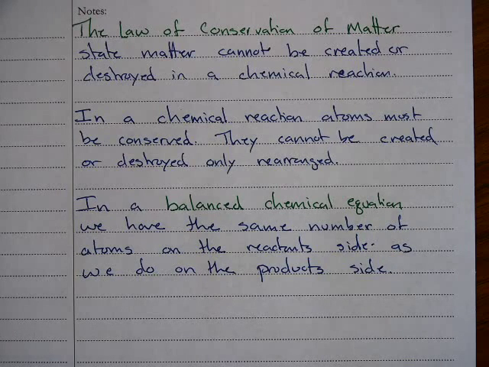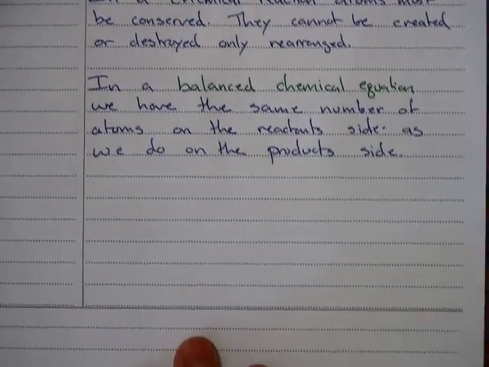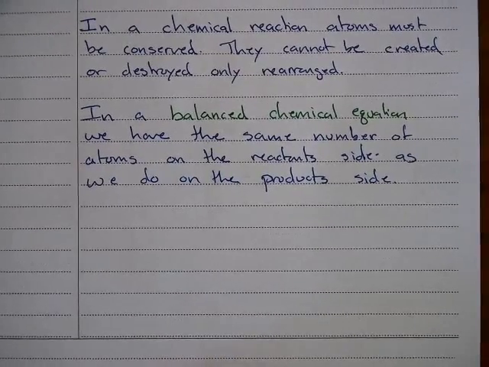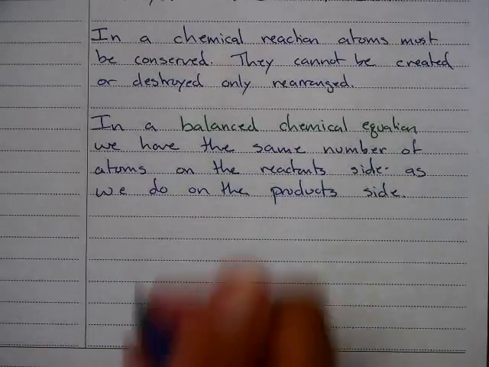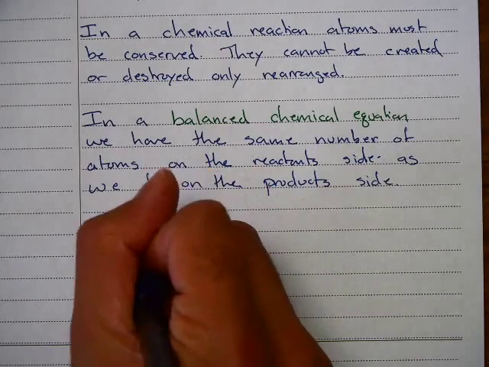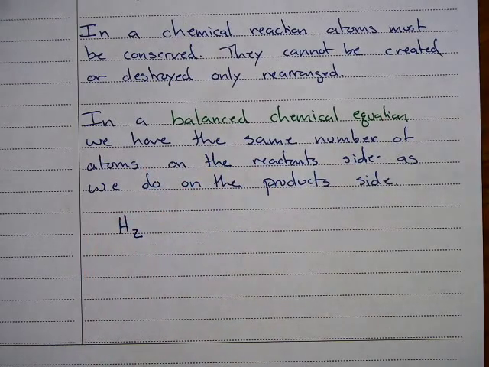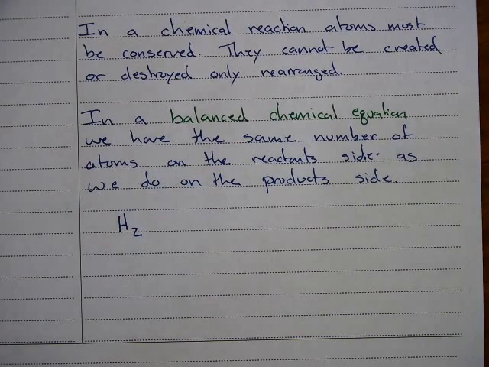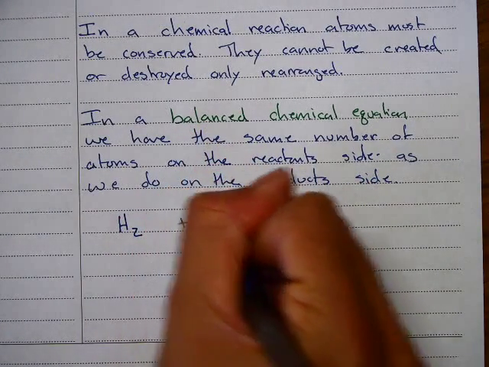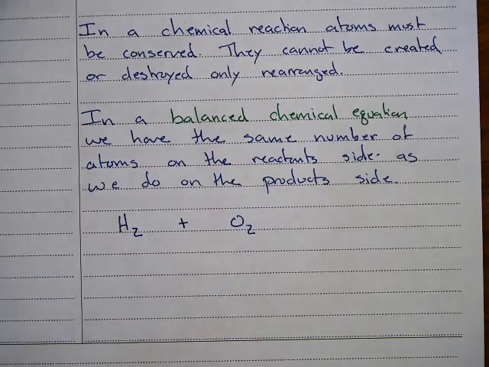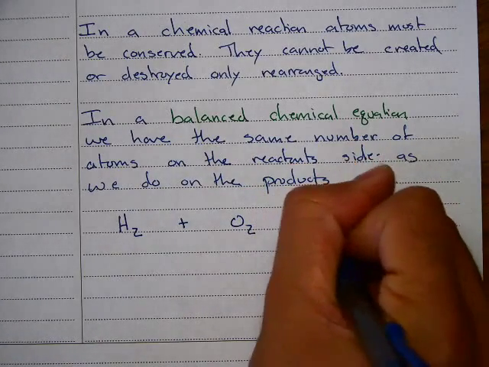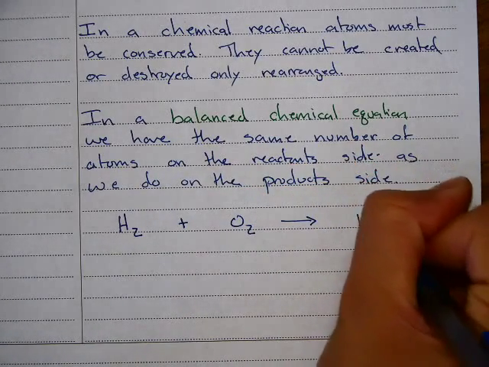So let's think about the reaction between hydrogen gas and oxygen gas. The reaction between hydrogen gas and oxygen gas might be written like this. Hydrogen is a diatomic element, meaning that you always find it with itself. So is oxygen, and they would react to form water.